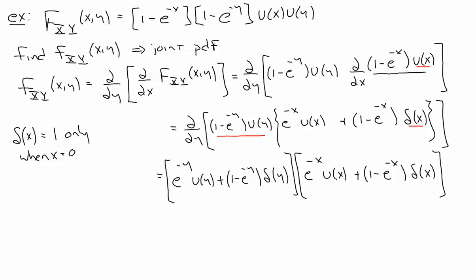Or more generally, delta of x minus x naught equals 1 only when x equals x naught. When the argument of my delta function equals 0, then my delta function is 1. It's 0 elsewhere.